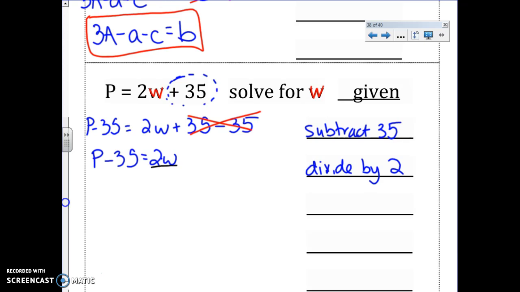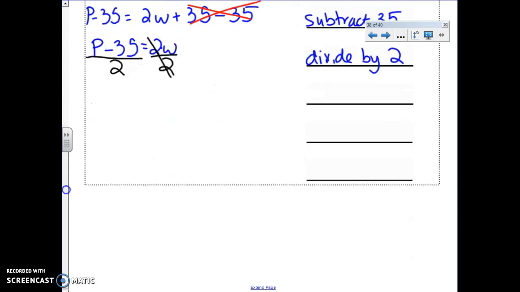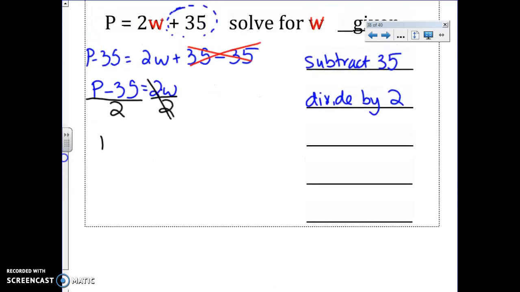So what this is going to look like is a long division bar on that side, because that 2 has to go into everything. And again, you might be asking yourself, what is it that I can do with all that? Well, you can write it a couple different ways. The 2 gets divided into P minus the 35 also divided by 2.